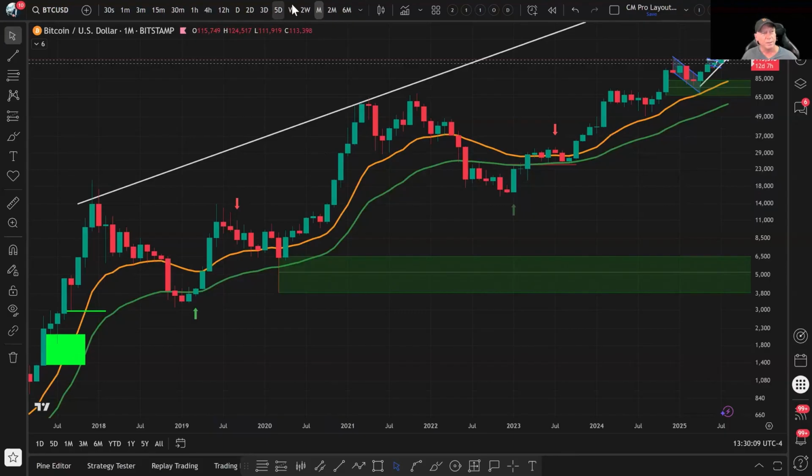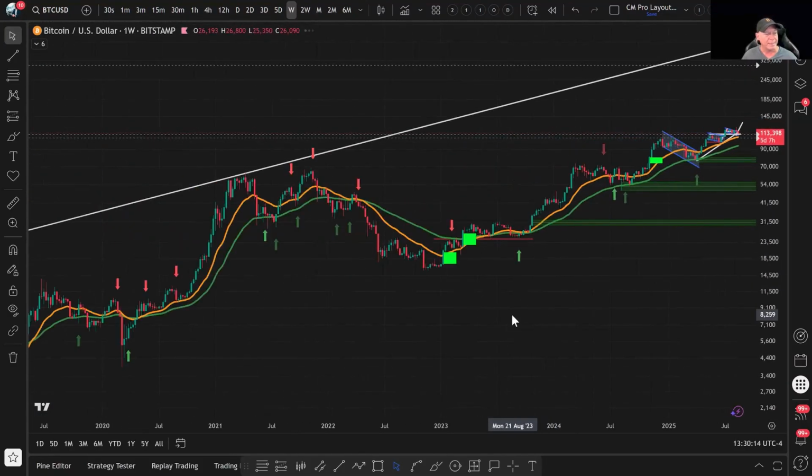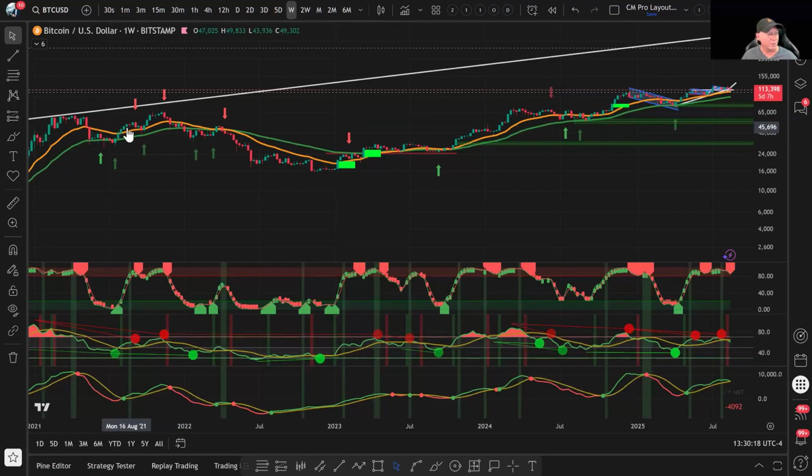I just want to show you these do work in multiple time frames. And the key is to look for confluence. Back here in 2021, we saw confluence with the RSIs at both of these, the ERI, the TSI showing bearish divergence. And then finally, the trend strength indicator broke below 80, and the signal line went red. So if we see that again on the weekly time frame, or when we do, we're out.